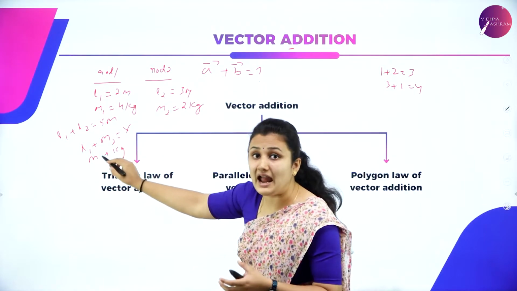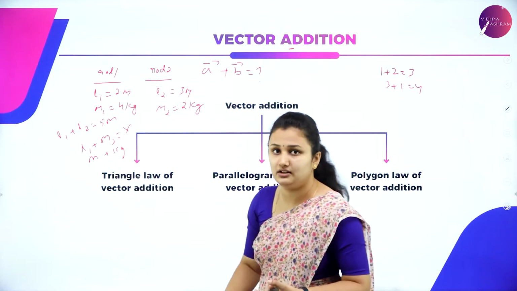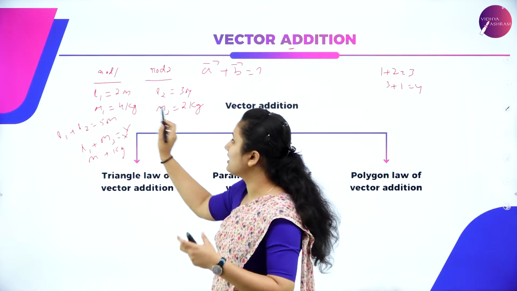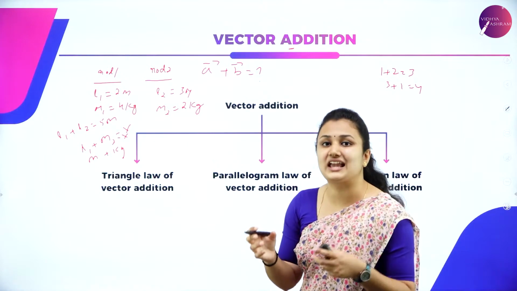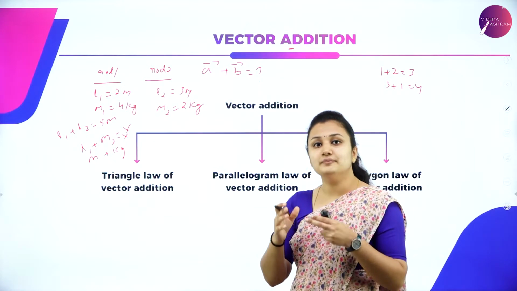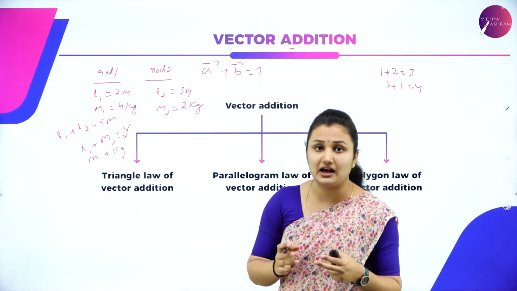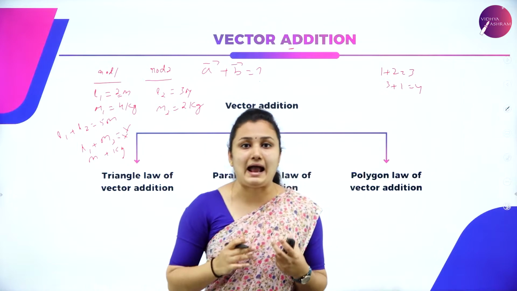So you cannot add two different units or two different physical quantities. So this is wrong. You can add length to length or mass to mass, so you can get the length or mass of the rod. So addition of scalar follows the rules of ordinary algebra.